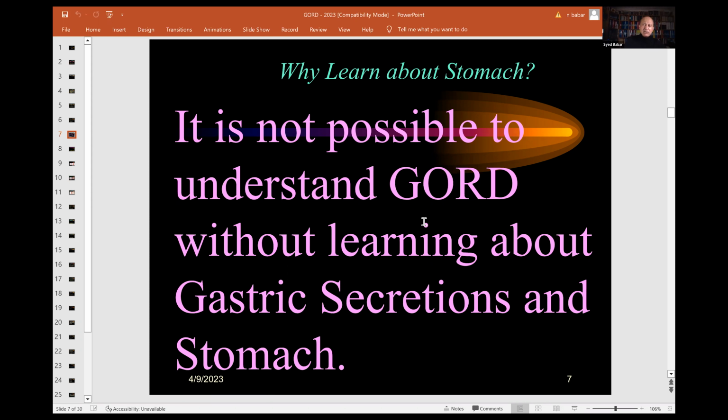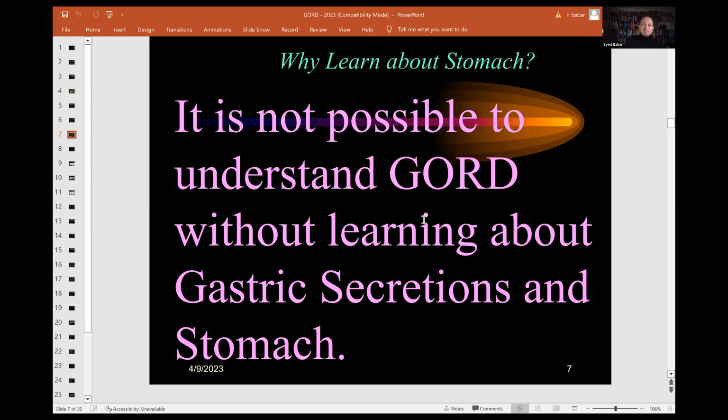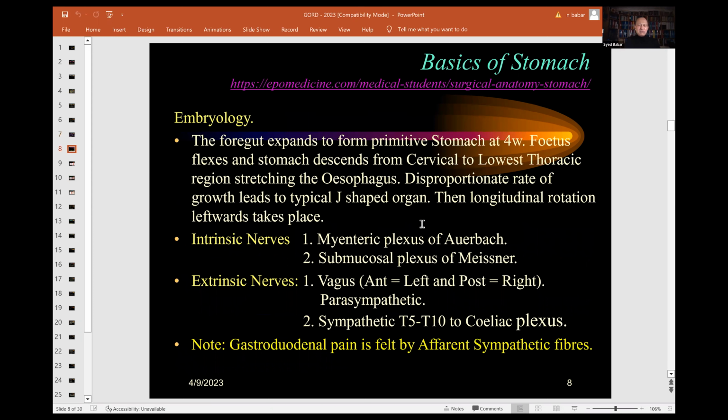So we'll need to know about the stomach. We mentioned at the outset that at the earliest, at about 4 weeks, the foregut expands to form the primitive stomach.